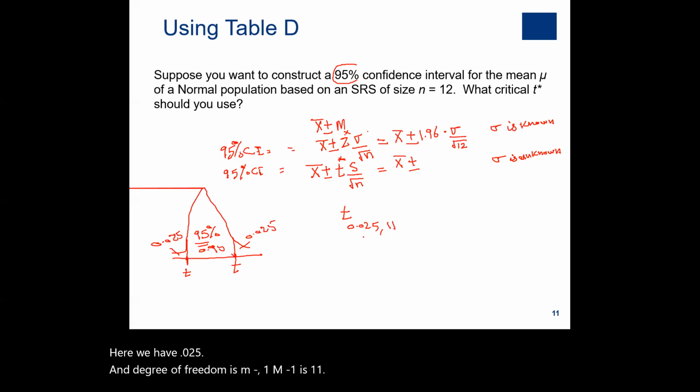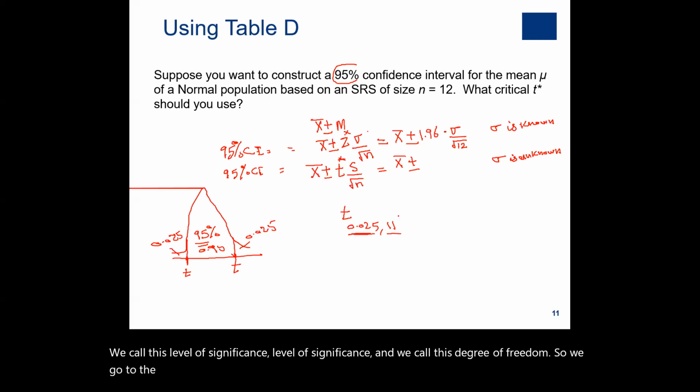So we go to the table. We call this the level of significance, and we call this the degrees of freedom. We go to the table and find the value corresponding to 11 and 0.025.